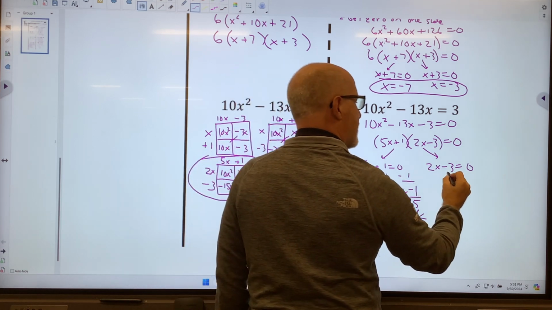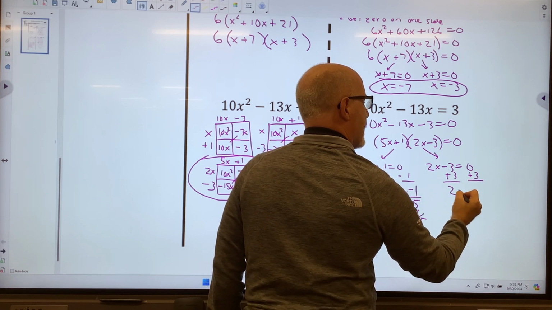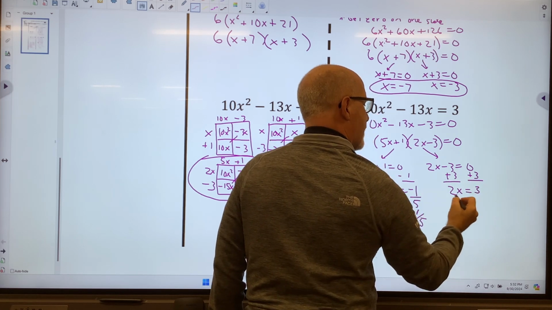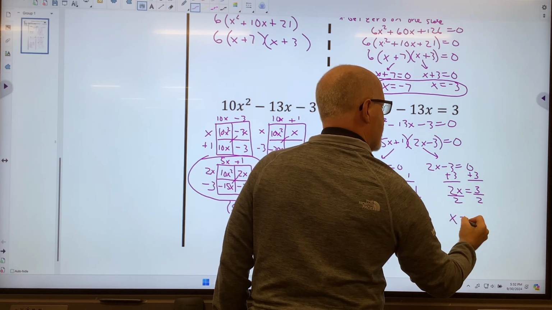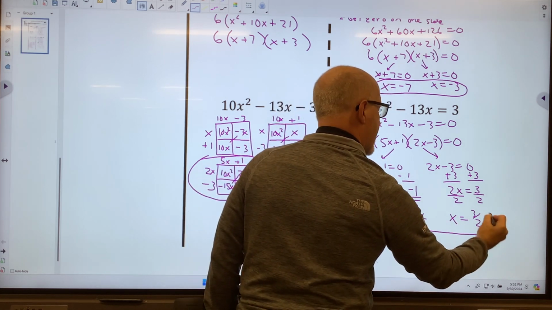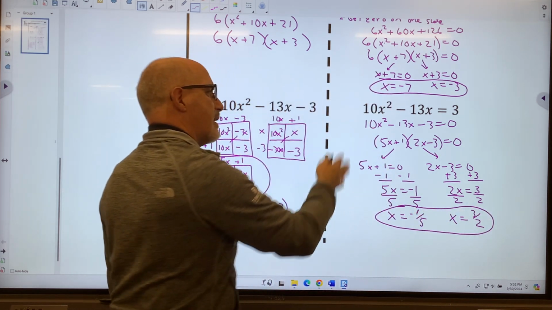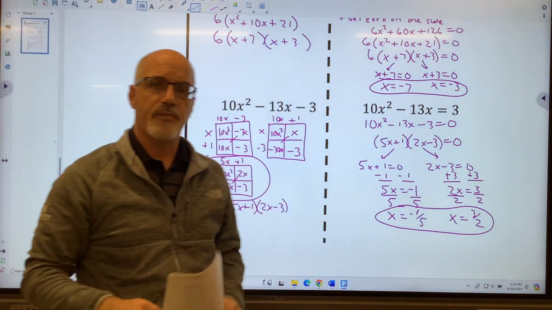This one I'm going to add 3 to both sides, and I get 2x equal to 3. Now I'm going to divide both sides by 2, and I get x equal to 3/2. So here are my two answers to this trinomial equal to 0.